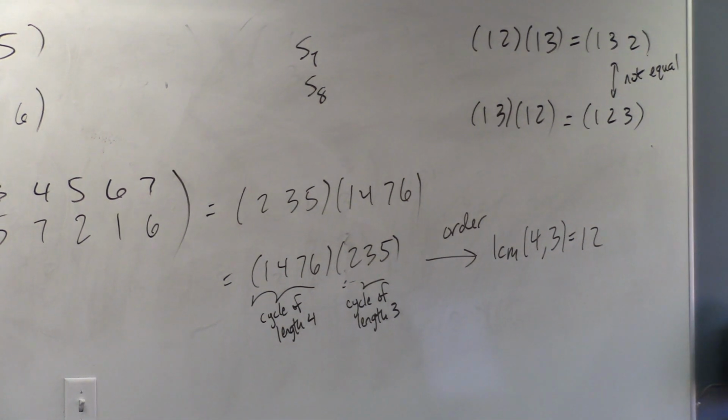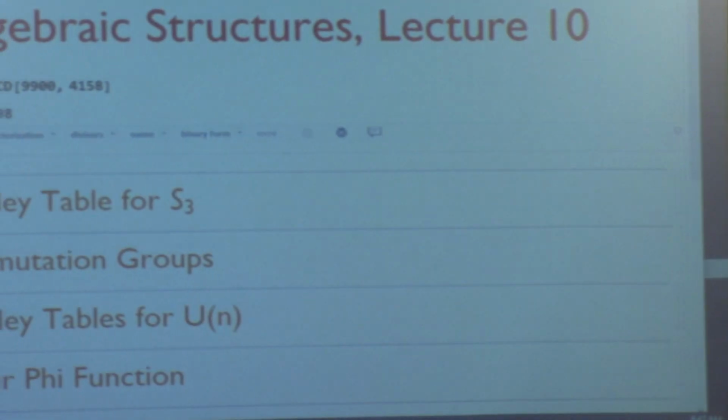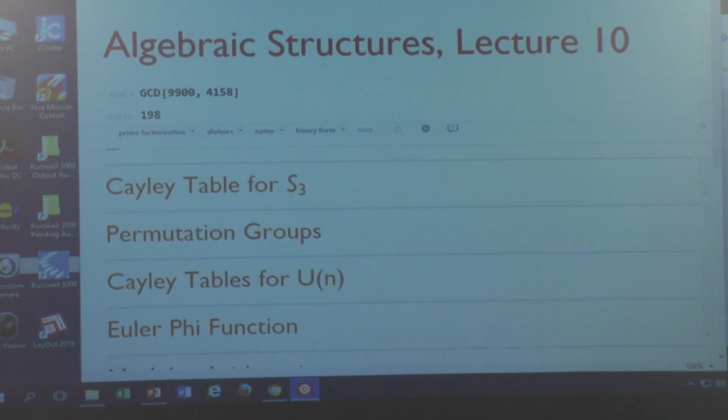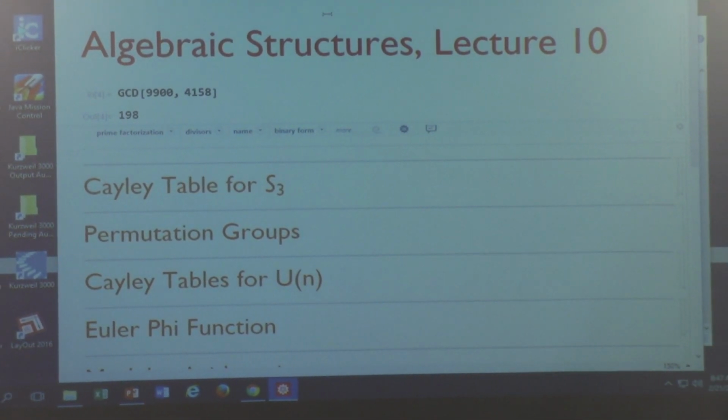Mathematica does do it, though it's a little funny to use. Mathematica does the function composition left to right, unfortunately, when you're using permutations. Let's see if I remember the syntax.